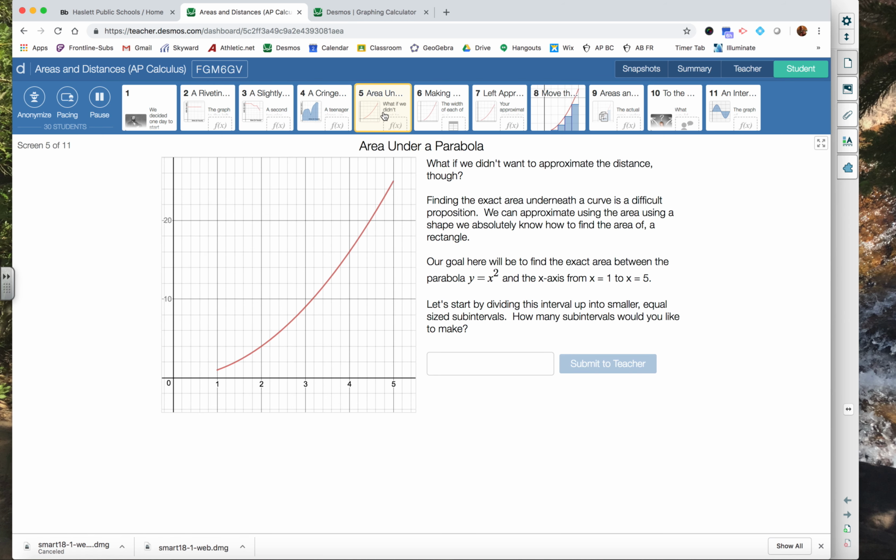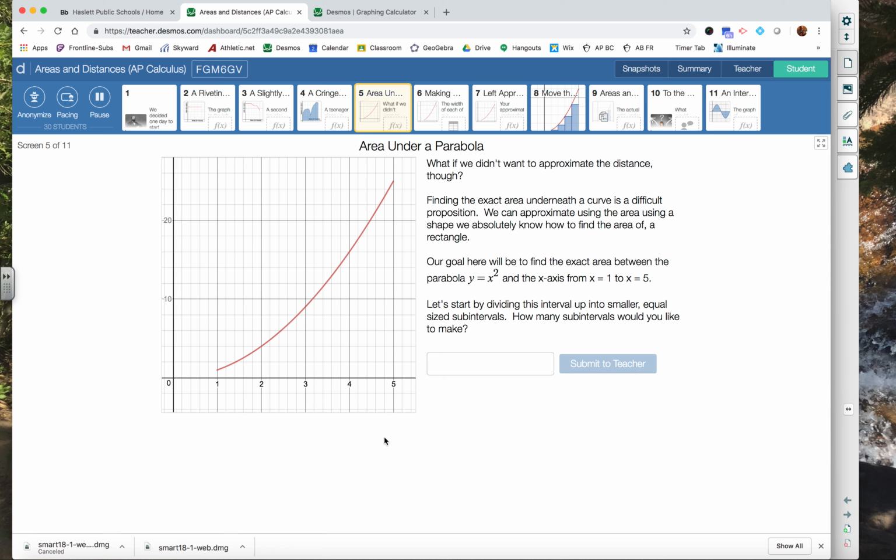Okay. This is the situation that we are most concerned with right now. We are trying to find the area underneath just functions, okay? And so if you've been doing the work in class, you know that we're dealing a lot with rectangles. So we're going to take this region here, okay? And whenever we're talking about a region, it's important to understand that the x-axis here is one of our boundaries.